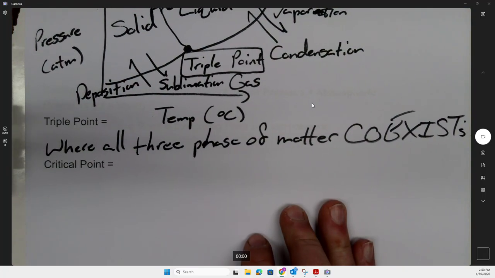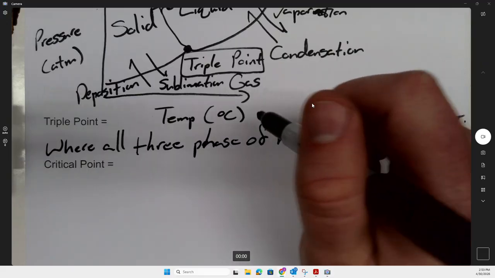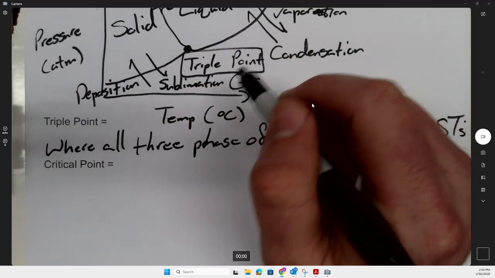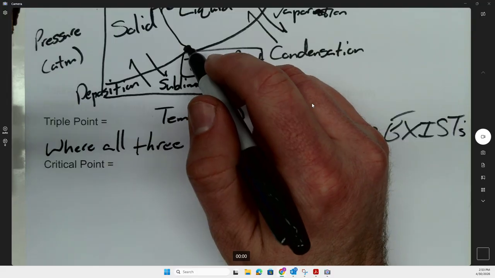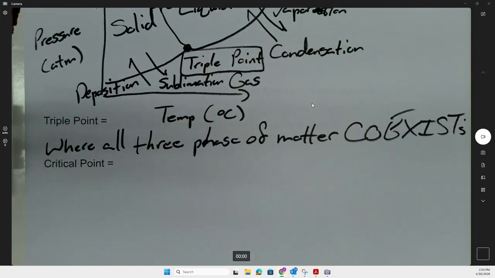My substance is constantly jumping back between liquid, solid, gas at this triple point. All three states of matter are existing at the same time at the triple point. This is a very specific temperature and pressure.